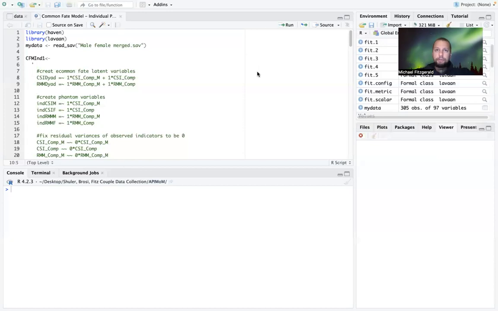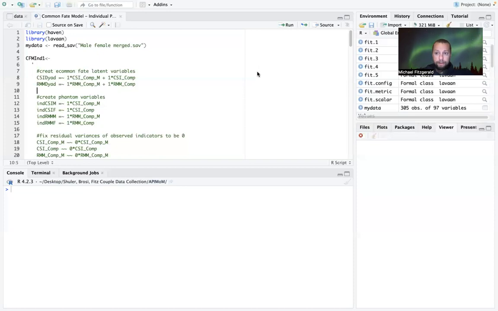Because if we think about what the residuals imply within the common fate model, it's all the variance that is not accounted for at the dyadic level. So that's where our individual variability lies. There's also going to be measurement error, testing conditions, and all those other things that contribute to variability.